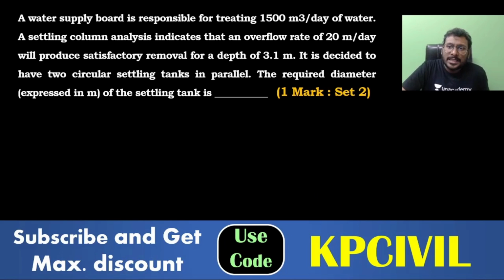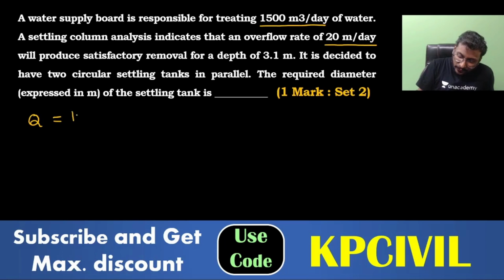A water supply board is responsible for treating 1500 meter cube per day of water discharge. A settling column analysis indicates an overflow rate of 20 meter per day. Discharge is 1500 meter cube per day. Overflow rate V0 is given as 20 meter per day.